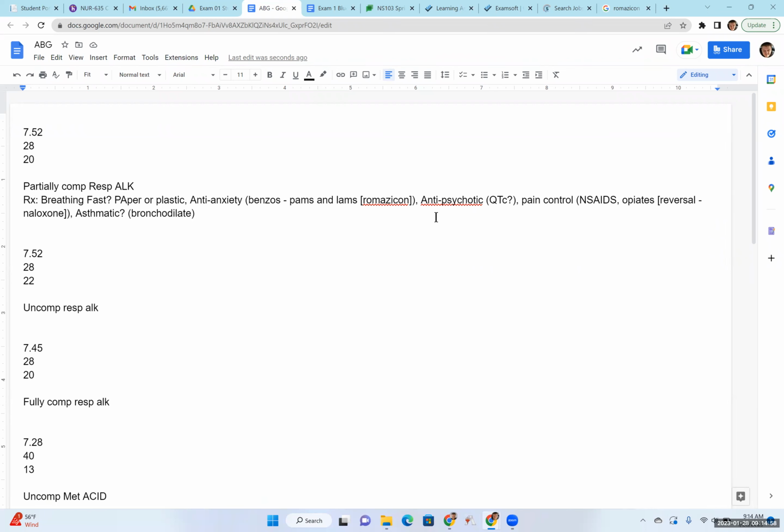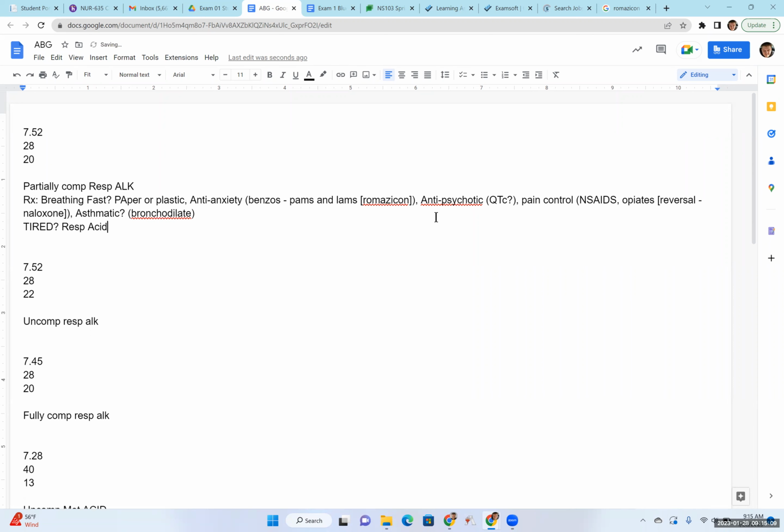And then, like we're saying, if they're getting tired, then we need to be worried about what? Rebound acidosis. Yep, so respiratory acidosis, right? Not metabolic acidosis, but respiratory. But yeah, they can be breathing fast because they have an infection too, right?